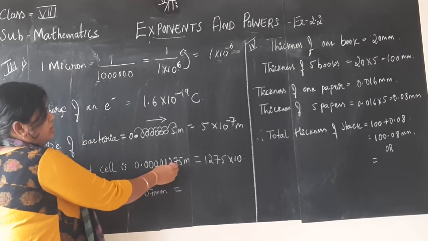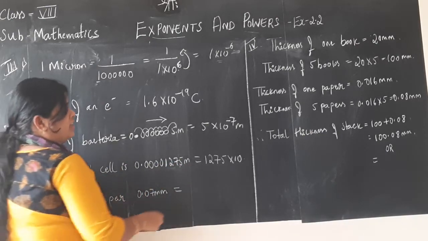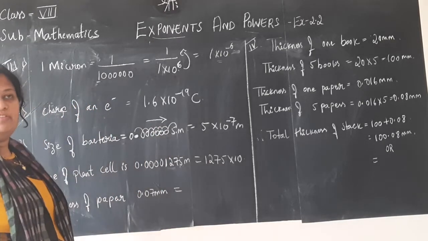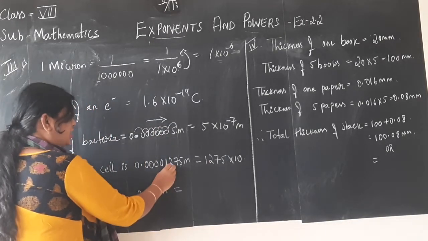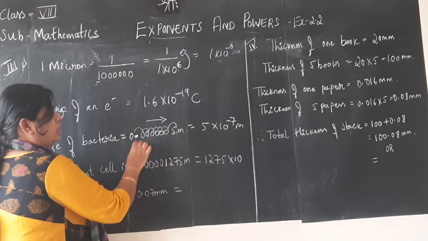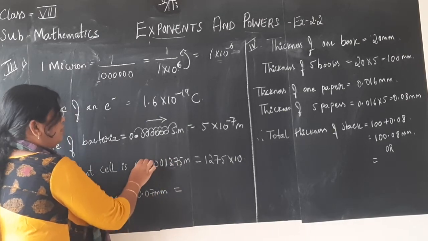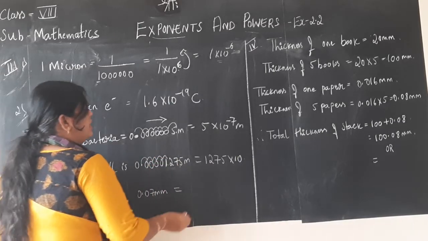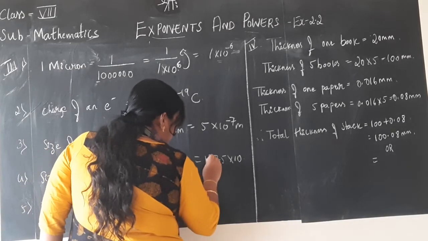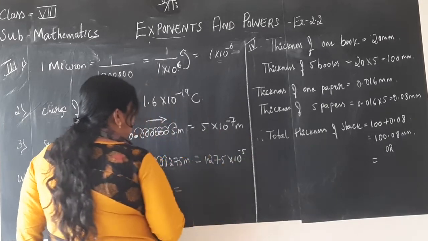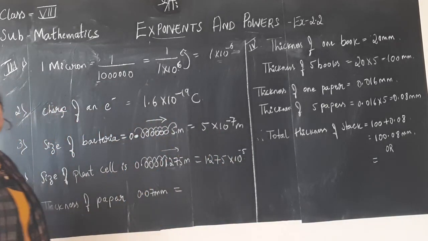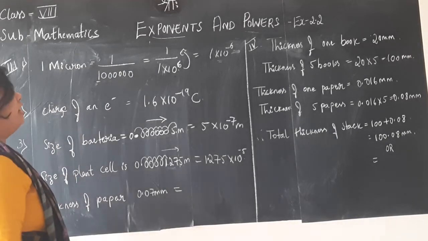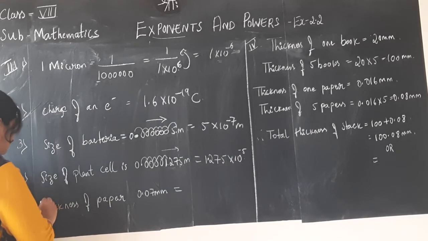Now, 1275 has 4 digits. I want you to write it as 1.275. So where should the decimal point come? Here, after 1. For that, how many decimal places do we need to shift? 1, 2, 3, 4 and 5. If I shift 5 decimal places, it will become 1.275 into 10 to the power minus 5, because I am shifting in the forward direction.